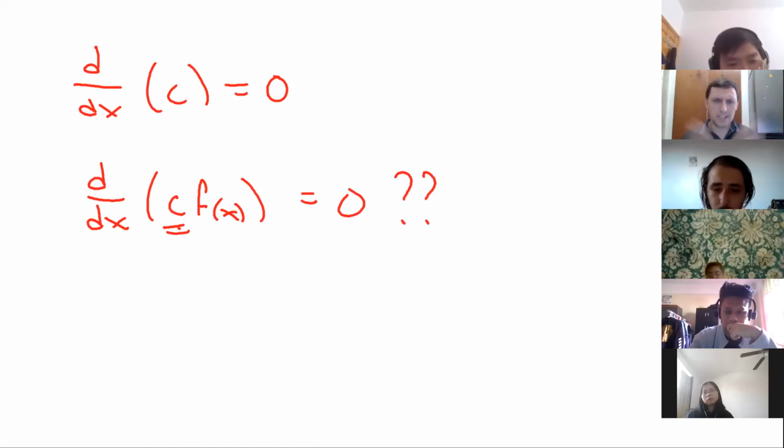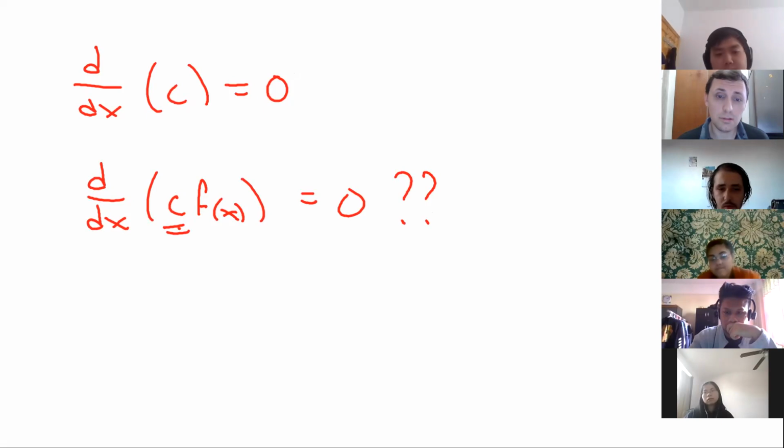I just said before, derivative of 5 is 0. So why is the derivative of a constant times the function not 0? Why do I suddenly skip over the constant?